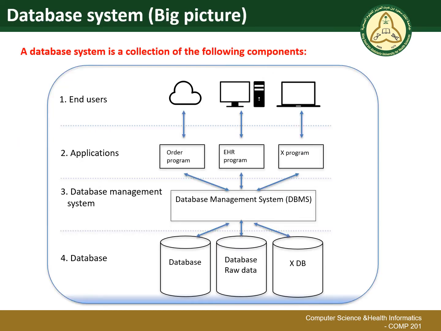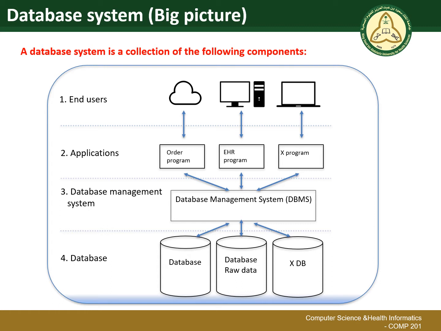Now, what is data? Data in simple words can be facts related to any object. For example, name, age, height, which are data related to a specific individual. Now, what is a database?